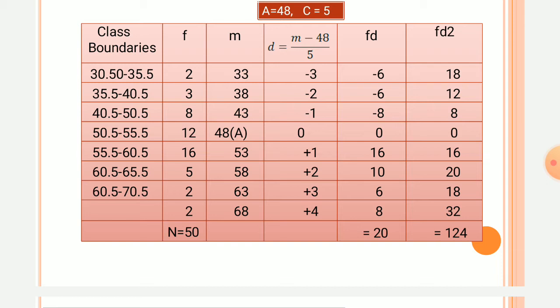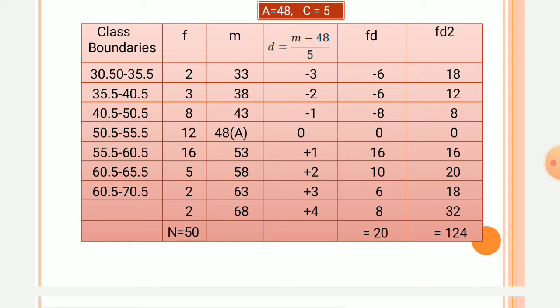So 30.50 plus 35.5 divided by 2, we get 33. Similarly 35.5 plus 40.5 divided by 2, we get 38. Similarly 40.5 plus 50.5 divided by 2, 43. In the same way we go on calculating m or x.